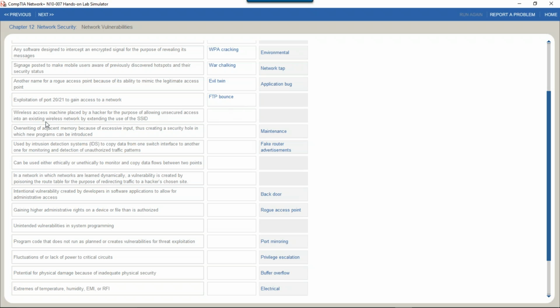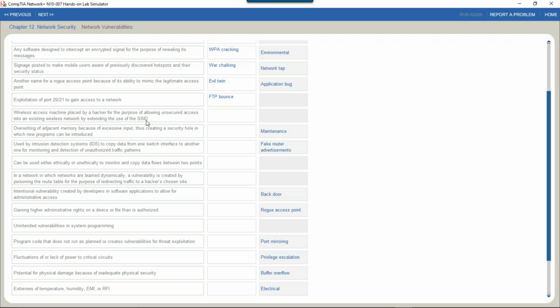Okay. Next one: wireless access machine placed by a hacker for the purpose of allowing unsecured access to an existing wireless network by extending the use of the SSID. So this one is a little bit more wordy, but there are some giveaways here.